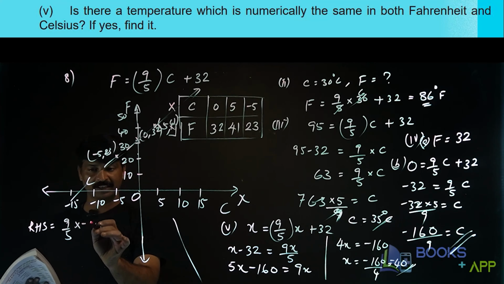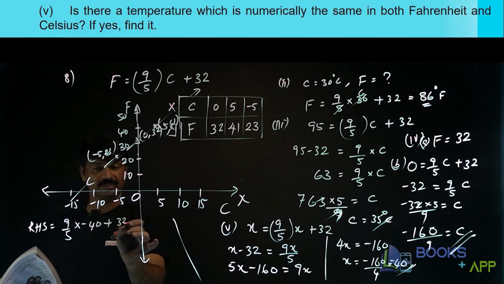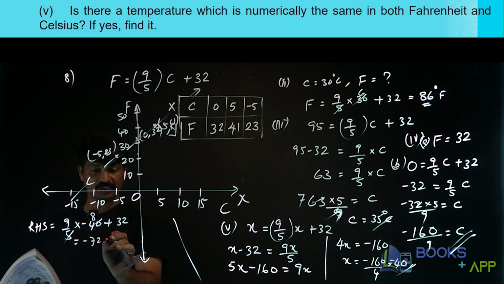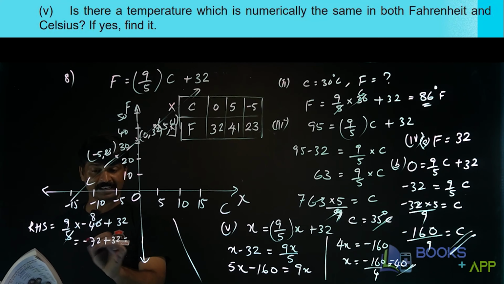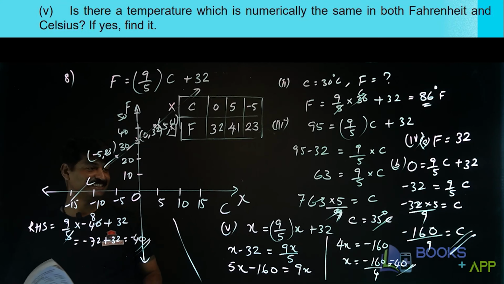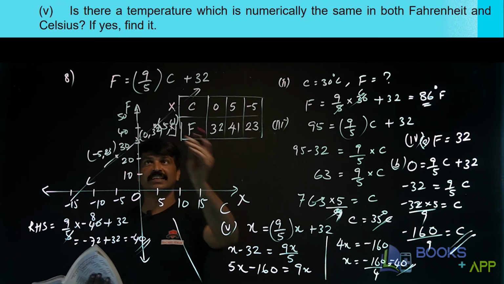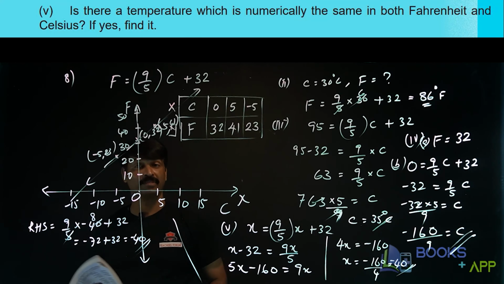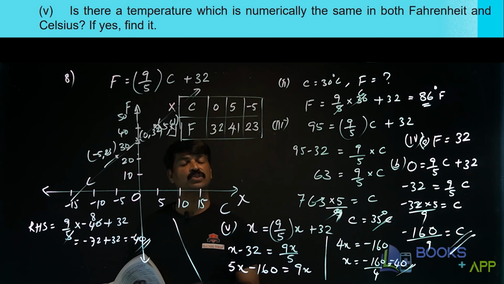That is minus 40 plus 32. What is the answer? 8 5s are 40, 9 8s are 72, minus 72 plus 32. RHS is equal to minus 40. You see, what is LHS? LHS is also equal to X, that is minus 40, isn't it? That is, when F is equal to minus 40, the value of C is also equal to minus 40.